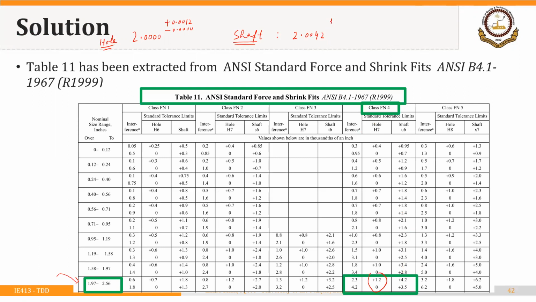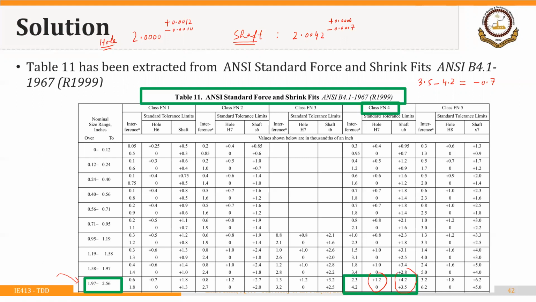Of course, we are using a unilateral system, so the upper limit will be 2.0042 plus 0. And the lower limit will be the difference of these two values, 3.5 minus 4.2, which is minus 0.7 divided by 1000, so minus 0.0007. So we have determined the size of the hole and the shaft.